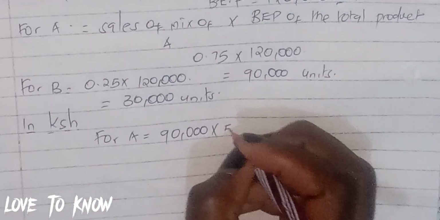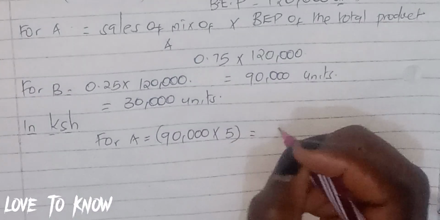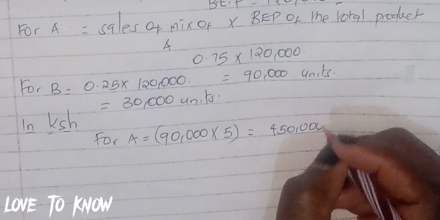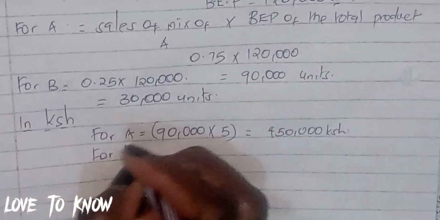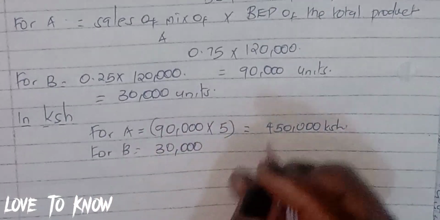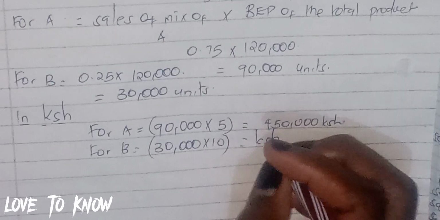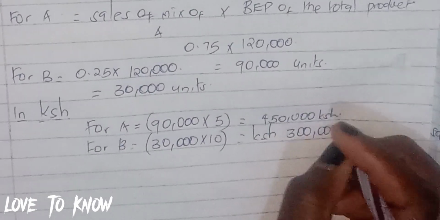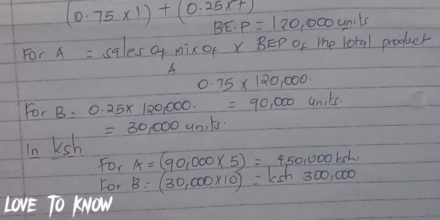That's 5 for A and 10 for B. And this gives us a total of 450,000 shillings. And for B, it will be 30,000 units times 10 shillings. This gives us a total of 300,000 shillings. That's how you calculate the break-even point of each product.